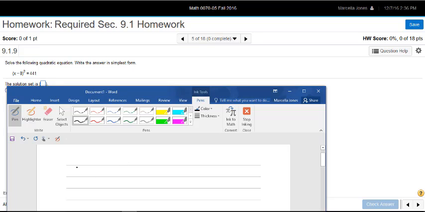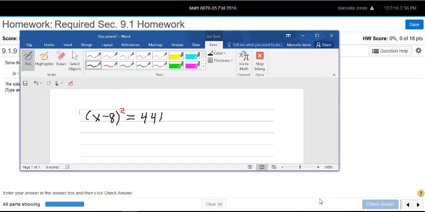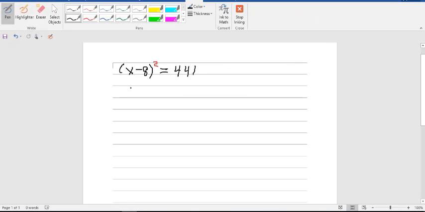Okay, so the square root property tells me that I can lose this exponent of 2 on the left.